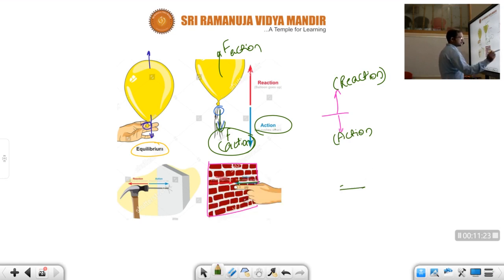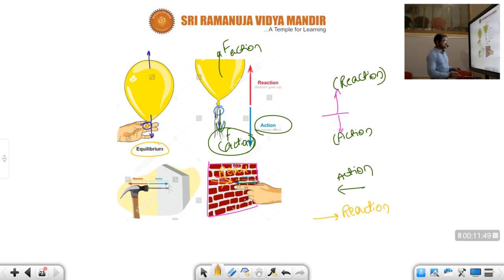This one is action, children, onto the wall. That wall also exerts force, no, children? That is due to what? Reaction. That reaction is also a force which is experienced by that finger. Due to that, that person will experience some pain.